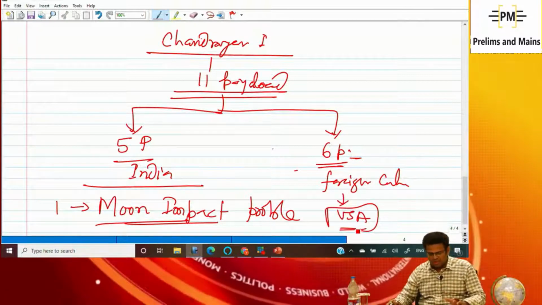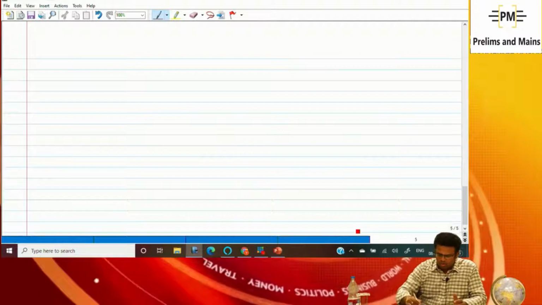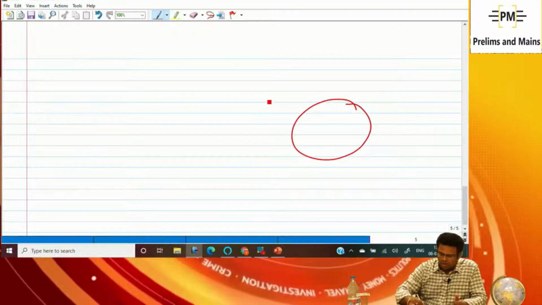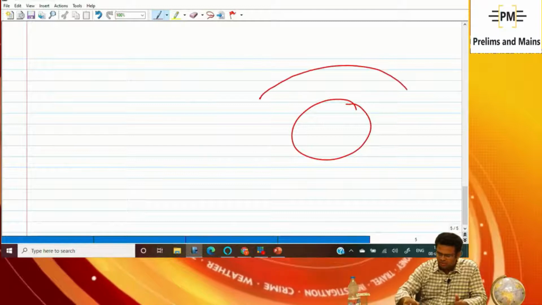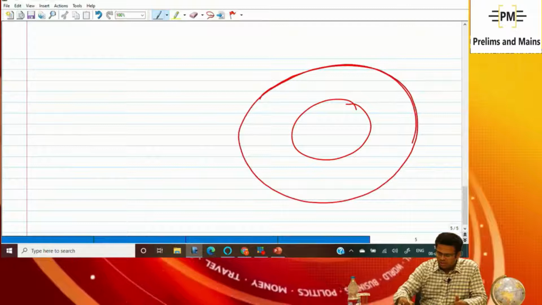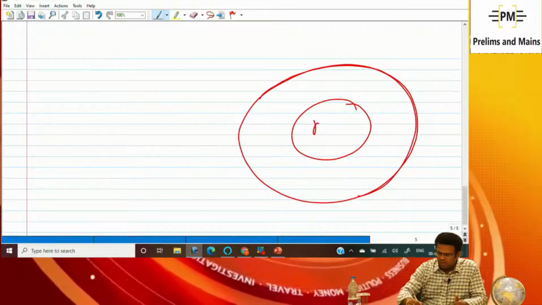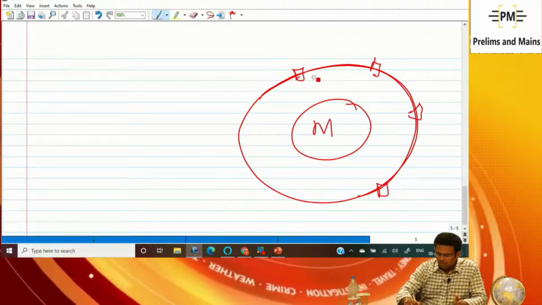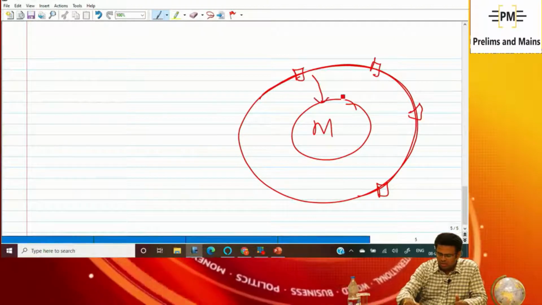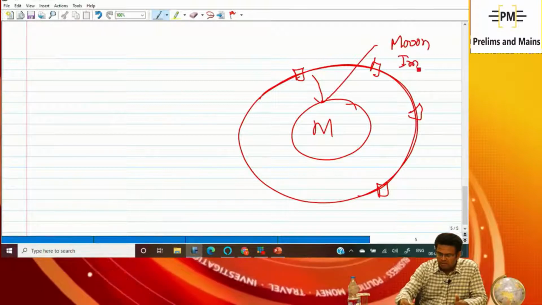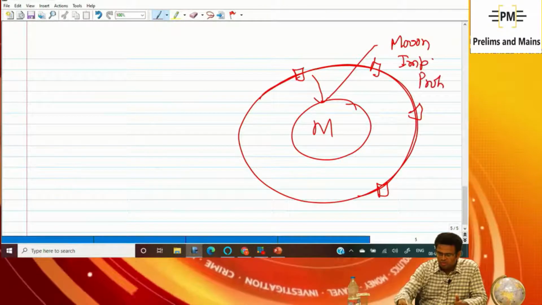Now you can see this moon impact: when this orbiter was moving around the moon in a given orbit, then from the moon orbiter a body was dropped, it is known as the moon impact probe, for the search.